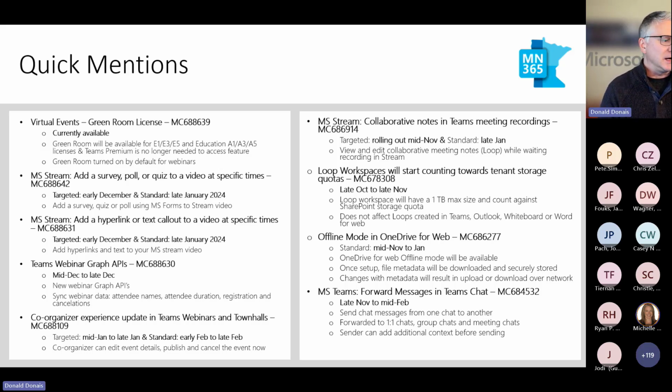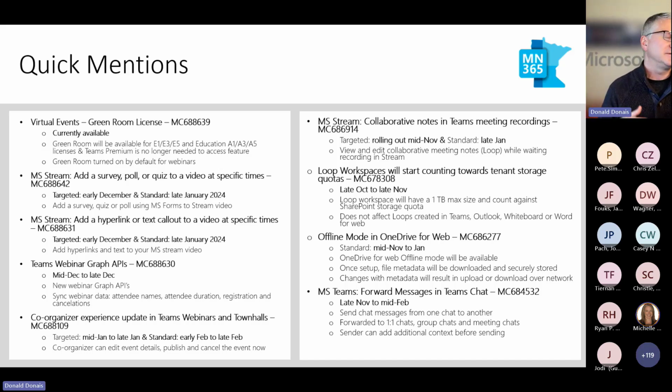Some things on co-organizer for Teams webinars and town halls, going to be able to do pretty much everything that an organizer can do, which we've been looking for that for a while. And then the other one I thought was really interesting. If you are doing anything with Loop workspaces, right? Think of this as kind of like the SharePoint side versus OneDrive, right?